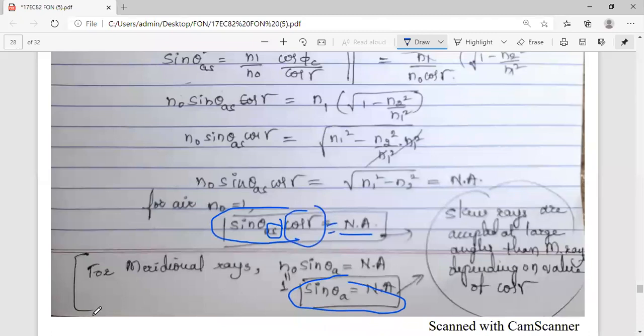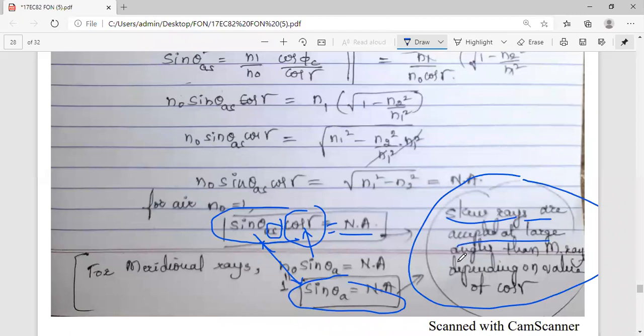So skew rays are accepted at larger angles, because the sine term is multiplied by cos gamma. They accept larger angles than meridional rays depending upon the value of cos gamma.